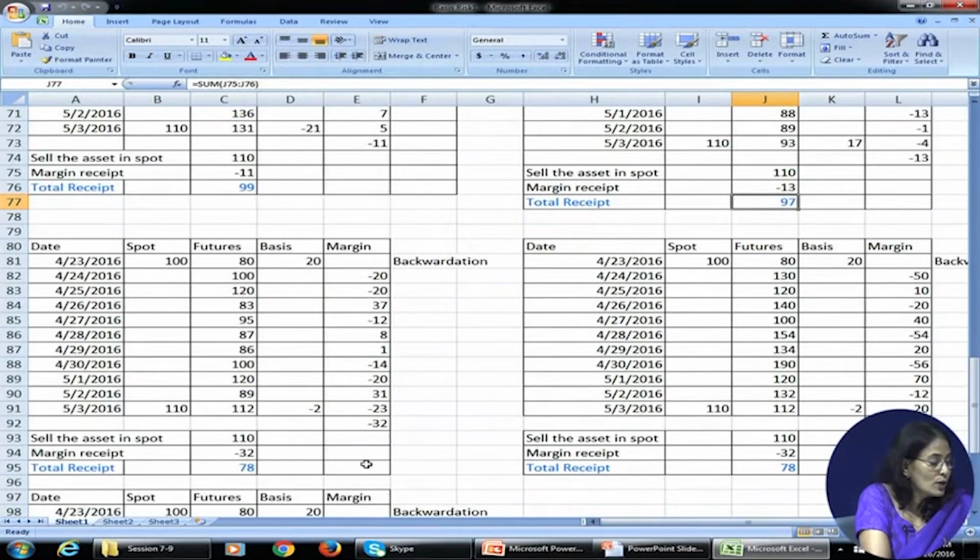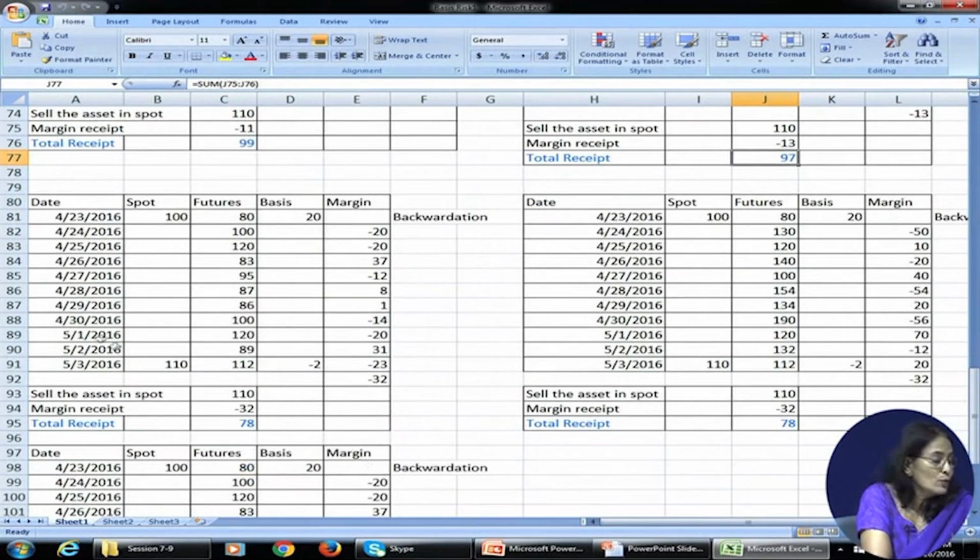Now let's go to other combinations. So you have 110 minus 32, which gives rise to 78 as your net receipt. This is also 80 minus the basis prevailing on the contract squaring up date. 80 minus 2 is 78.